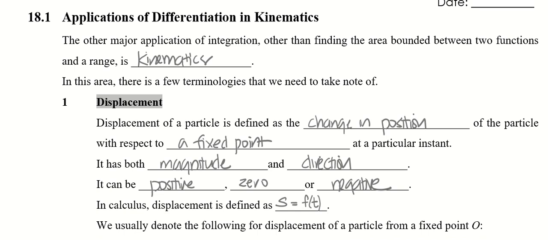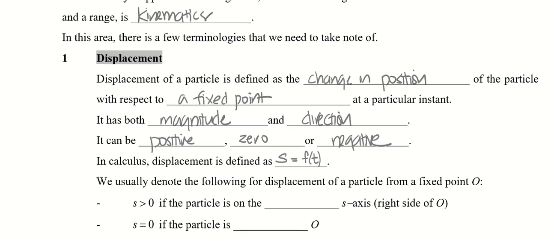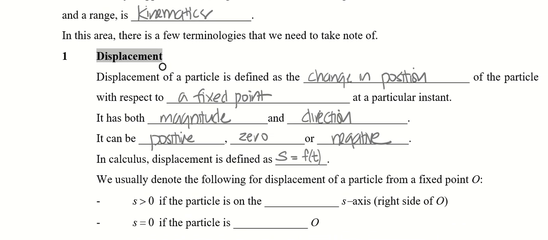Now we usually denote the following for displacement of a particle from a fixed point O. Number one, if s is greater than 0, that means it's on the positive s-axis. Let me draw the sketch for you. So this is, let's say, O. Anything over here, s is greater than 0, so it is the positive s-axis.